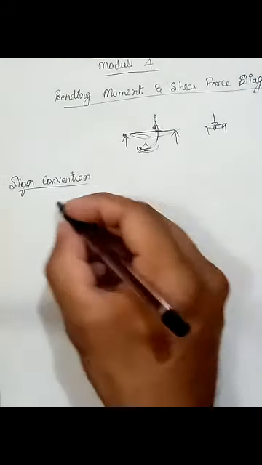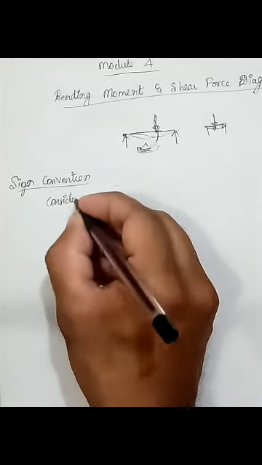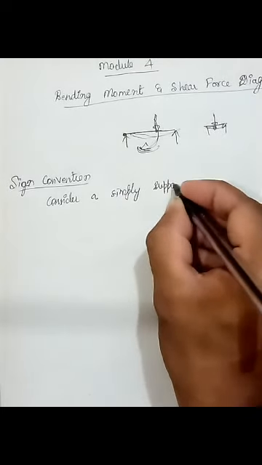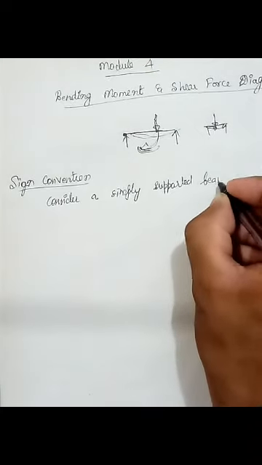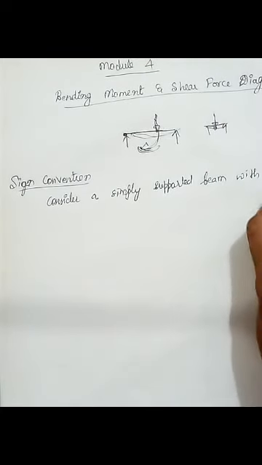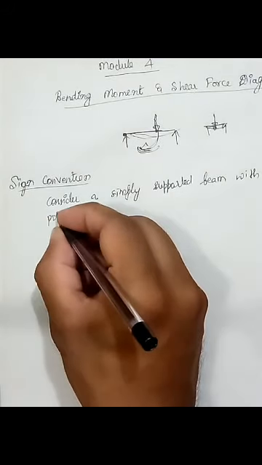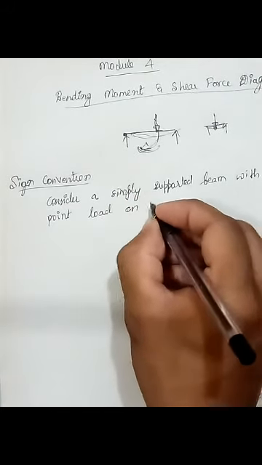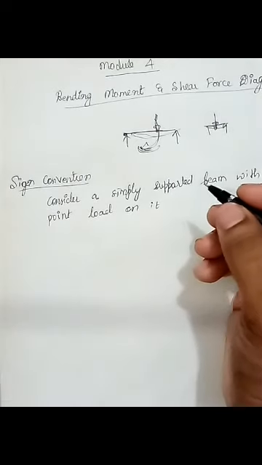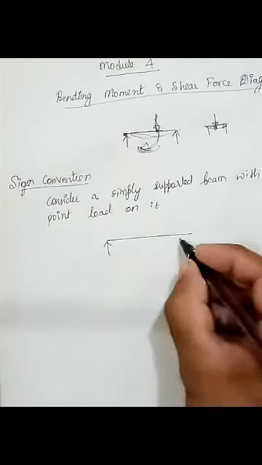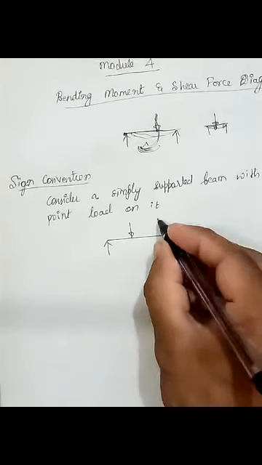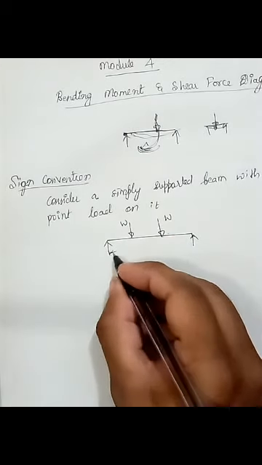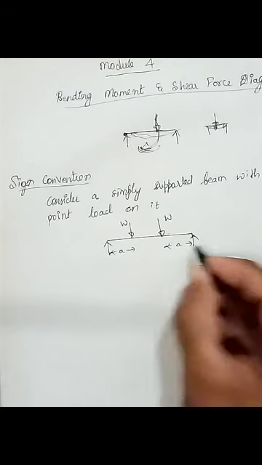Consider a simply supported beam with 2-point loads on it, that is W and W, each at a distance A equally from the supports.